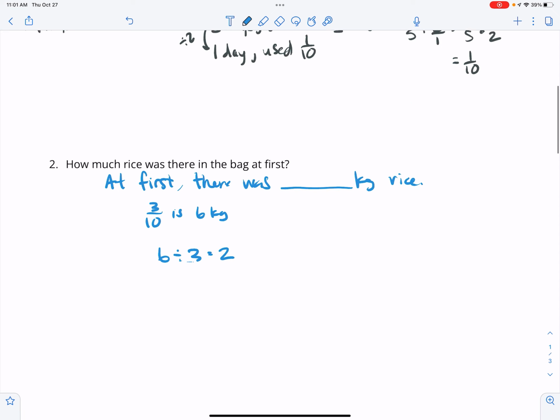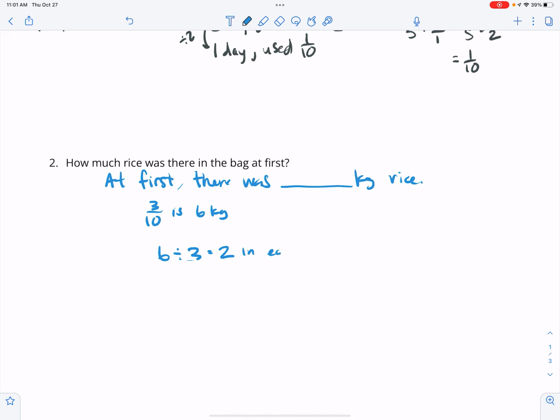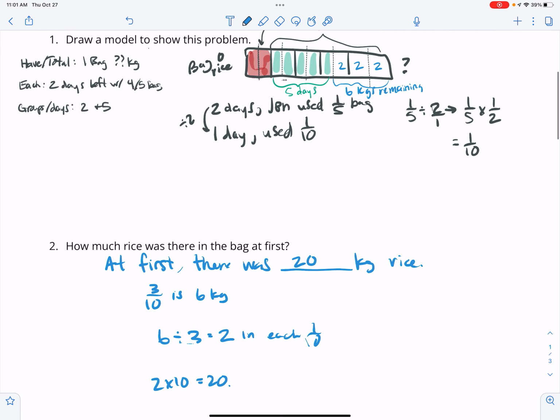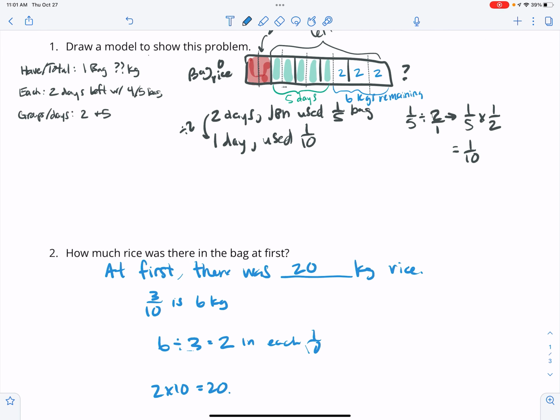So let's do 2 times 10, and we would get 20. So at first, there were 20 kilograms of rice. And if we write this 2 in each of these, 2, 4, 6, 8, 10, 12, 14 plus those 6, that would get us our 20 kilograms.